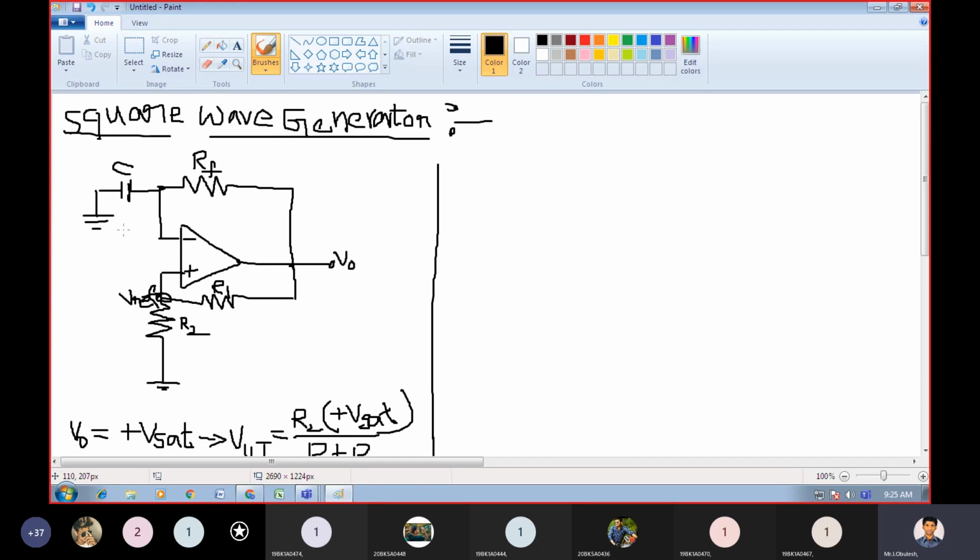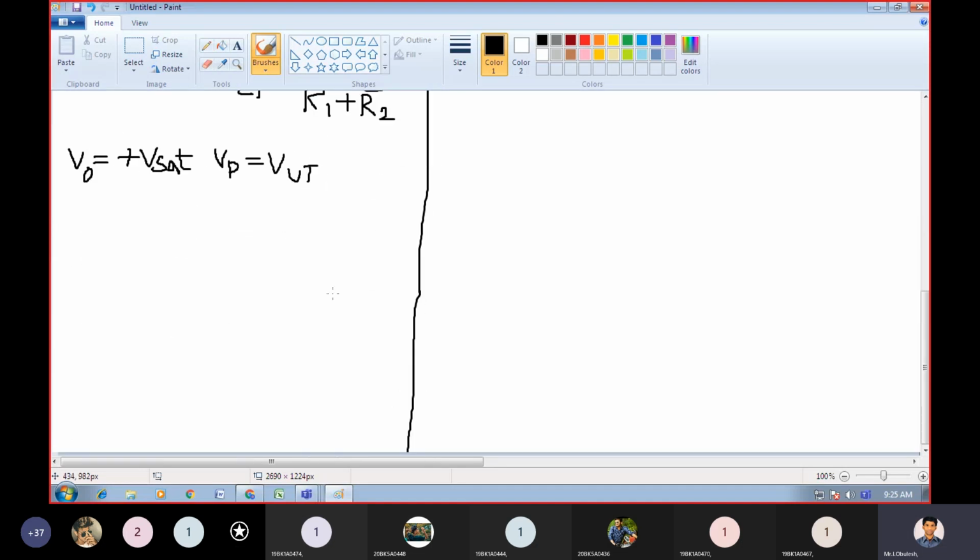and the capacitor C starts charging towards plus V saturation through feedback resistor RF to the inverting input. We need to draw the diagram for that also.